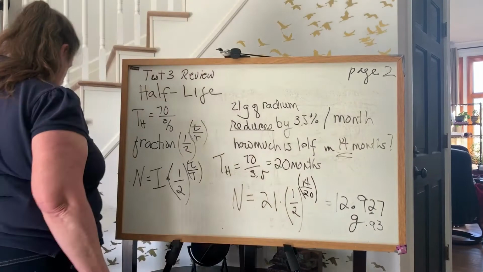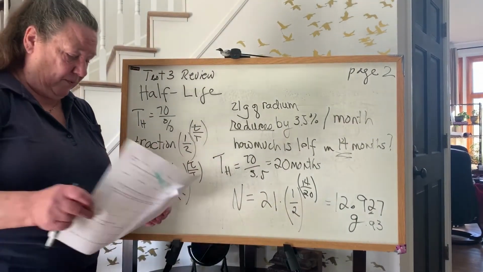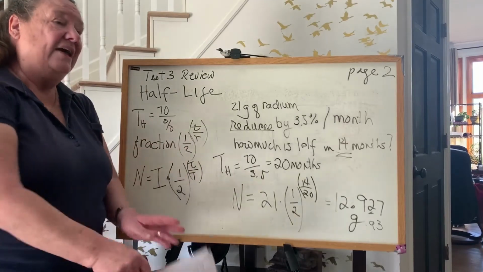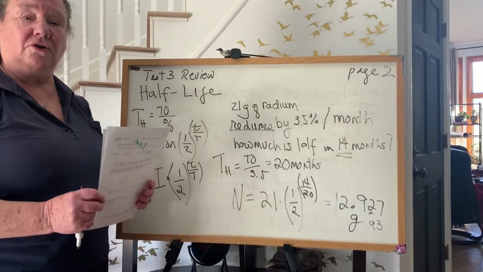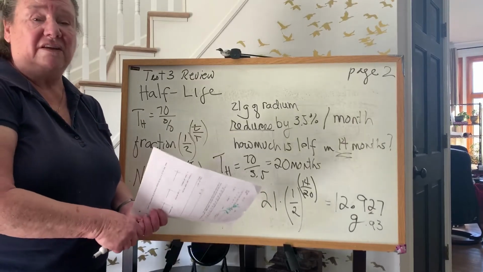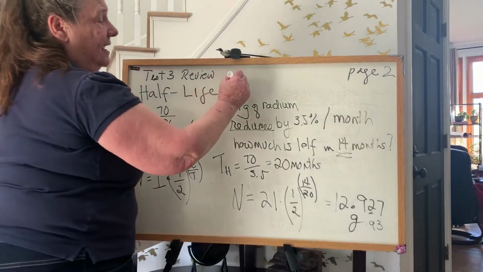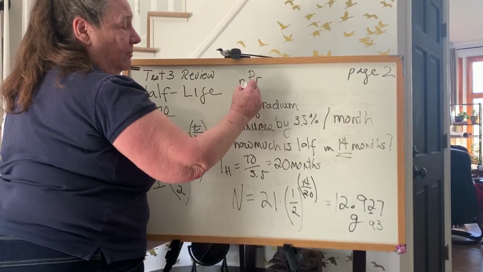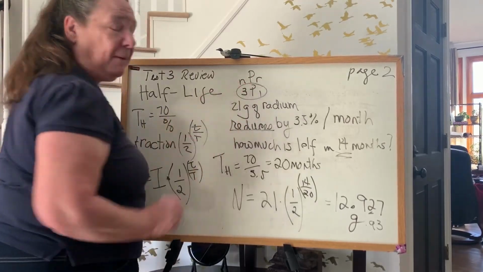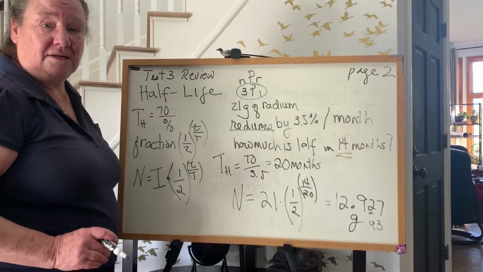Okay? Now before I sign off, I do want to mention that you must show your formulas on the test. You cannot just give me a number. If you don't have the formula, like the nPr formula, like 3 permuted 1, that's part of the credit. If you don't have it on the paper, you lose that credit, okay?